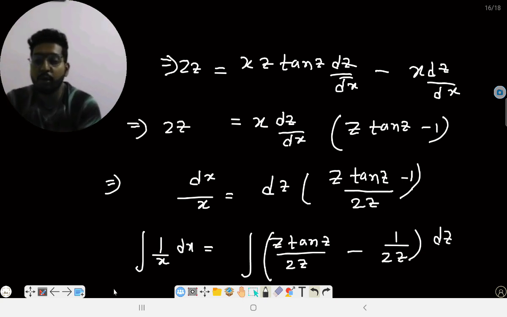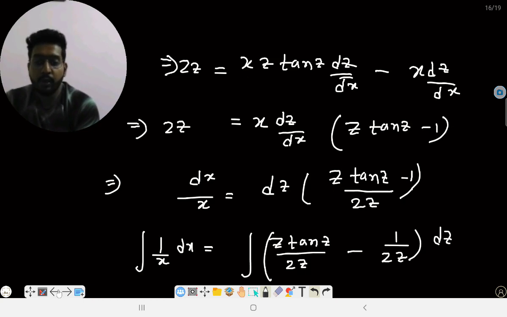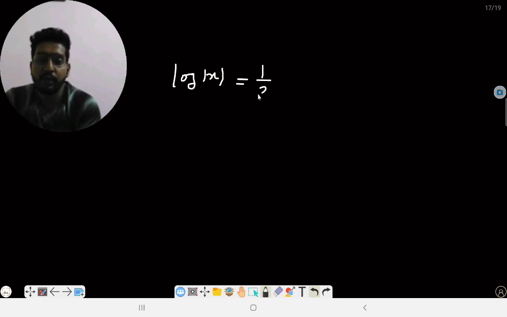Now what is the integration of 1 by x? The integration of 1 by x is log mod x equals, here the integration is z by z, cancel out, that means half, and the integration of tan z will be log mod sec z, like this.